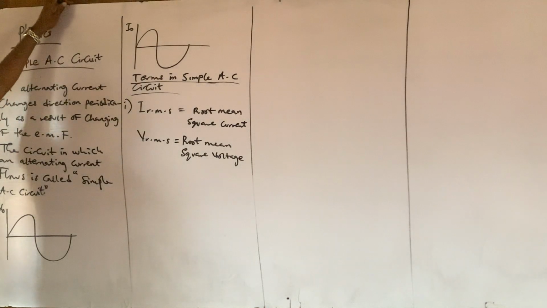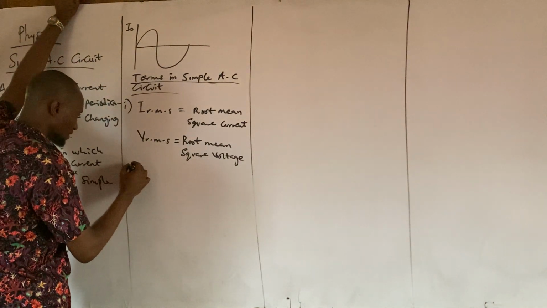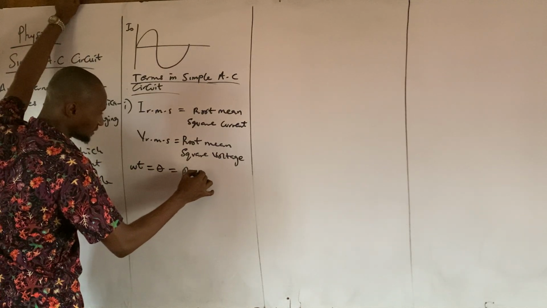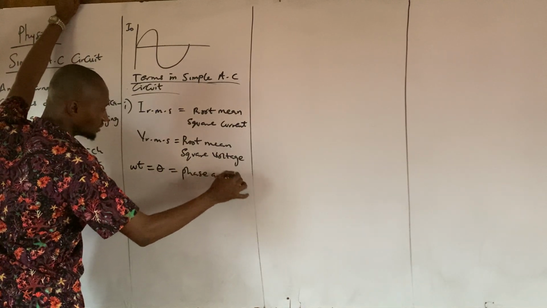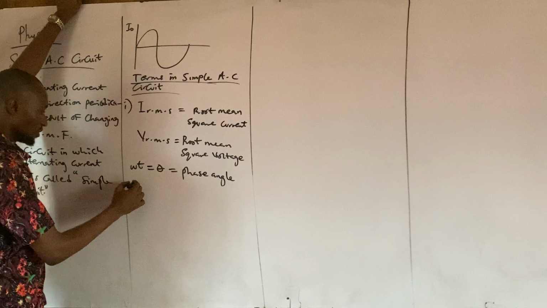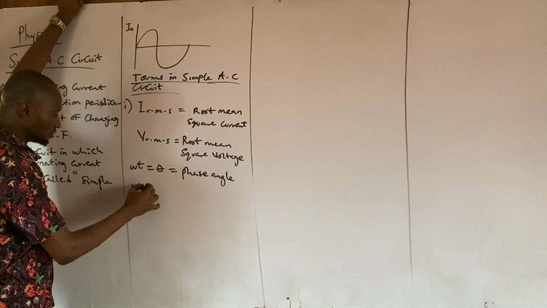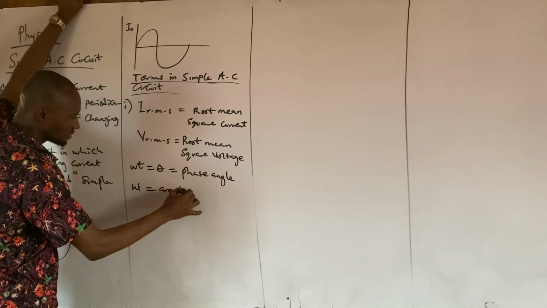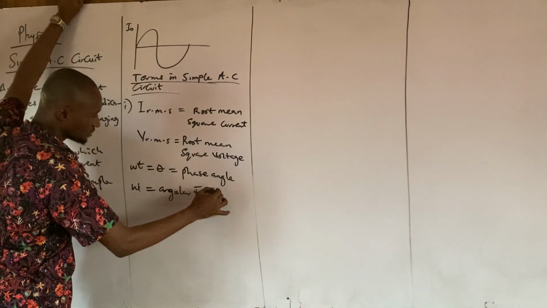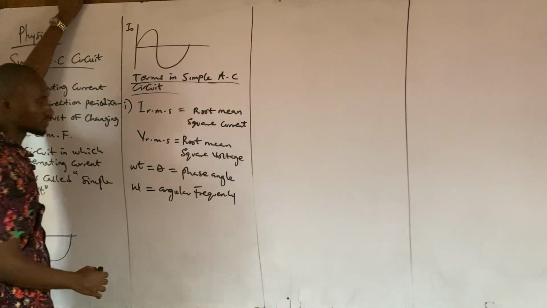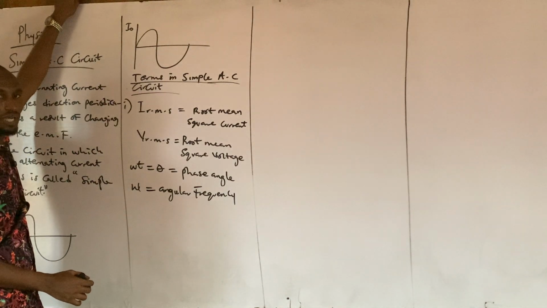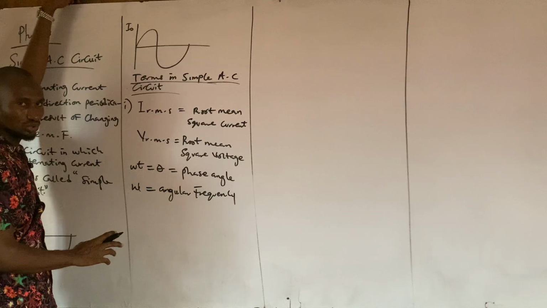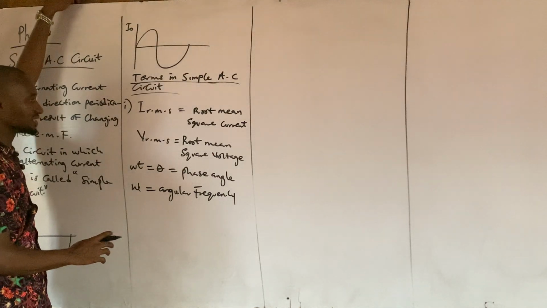Are you there? We have so many things like WT is equal to theta, and this is equal to phase angle. We have W, which is angular frequency. Are you there? So, these are the major ones you need to know. Do you get the point now?